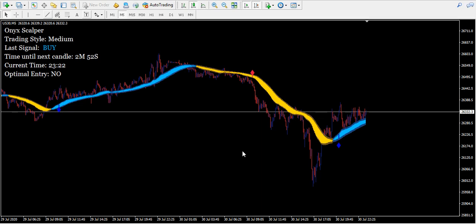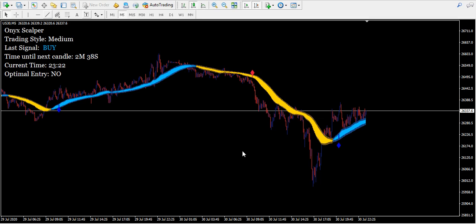Another bonus is, you can get signals emailed to you directly from this system. So that's very powerful. And you can get the signals sent to you via text to your phone. That is insane. That is crazy. That is mind blowing. If you're mind blown, make sure you type in mind blown in the comments.